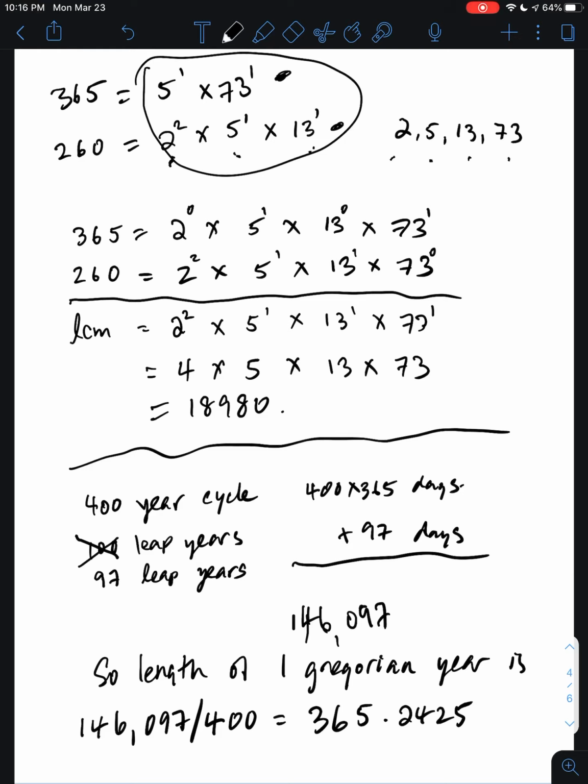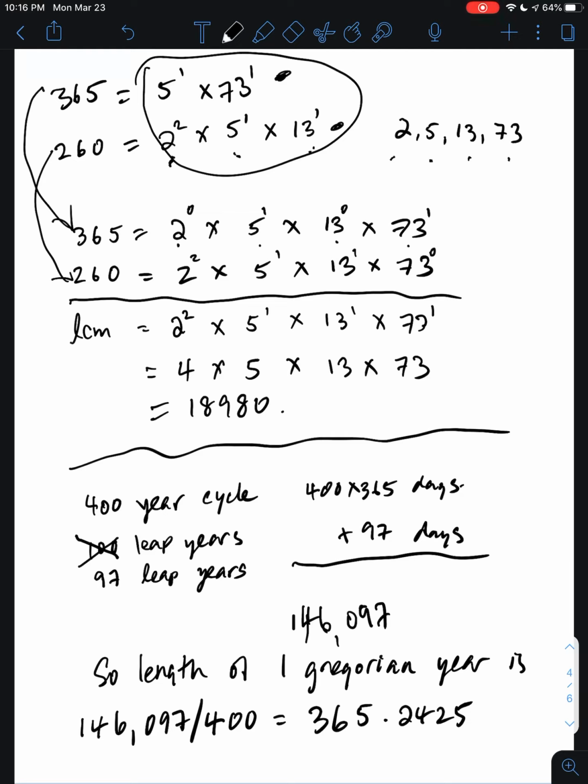Okay, so now I can rewrite these two expressions. So 365 I'm going to rewrite as 2 to the power 0 times 5 to the power 1 times 13 to the power 0 times 73 to the power 1.